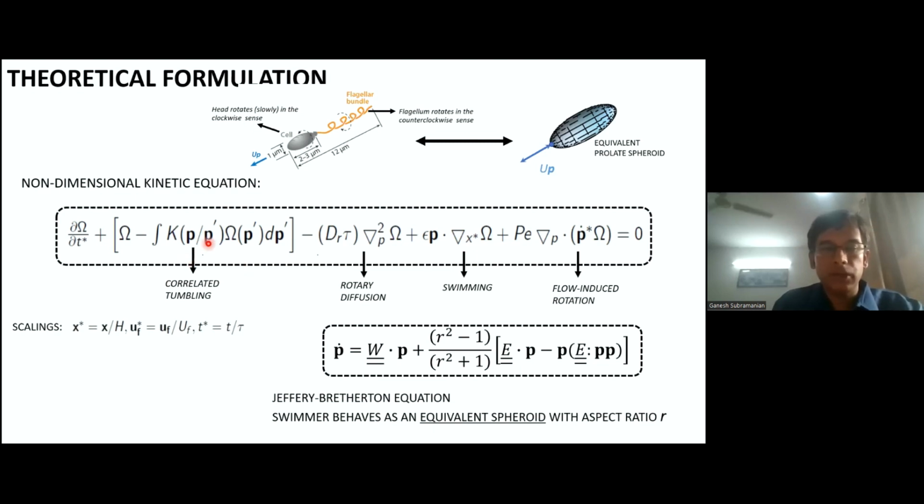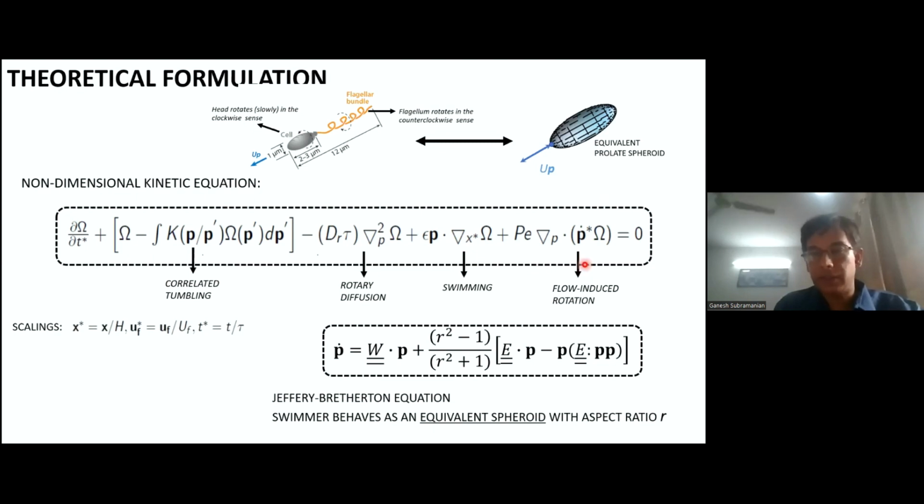The swimmer probability density evolves due to the two decorrelation mechanisms that I mentioned. One is rotary diffusion, which is this Laplacian in orientation space, and the other is tumbling, which is this integral term here. Then the orientation distribution is also convected by the swimming motion. And finally, the orientation of the swimmer is rotated by the imposed shear flow.